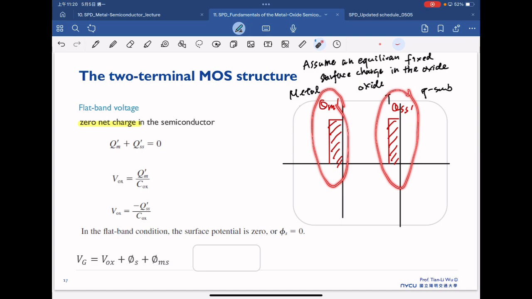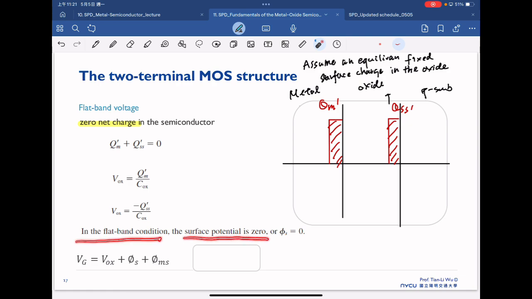And also we can consider V_ox will be equal to the oxide electric field, which is Q_M prime, the bias we apply on the gate side, over our C_ox, and therefore we can have V_ox is equal to minus Q_SS prime over C_ox, which is this one. Then under the flat band condition, the surface potential is 0, or phi_s is equal to 0.